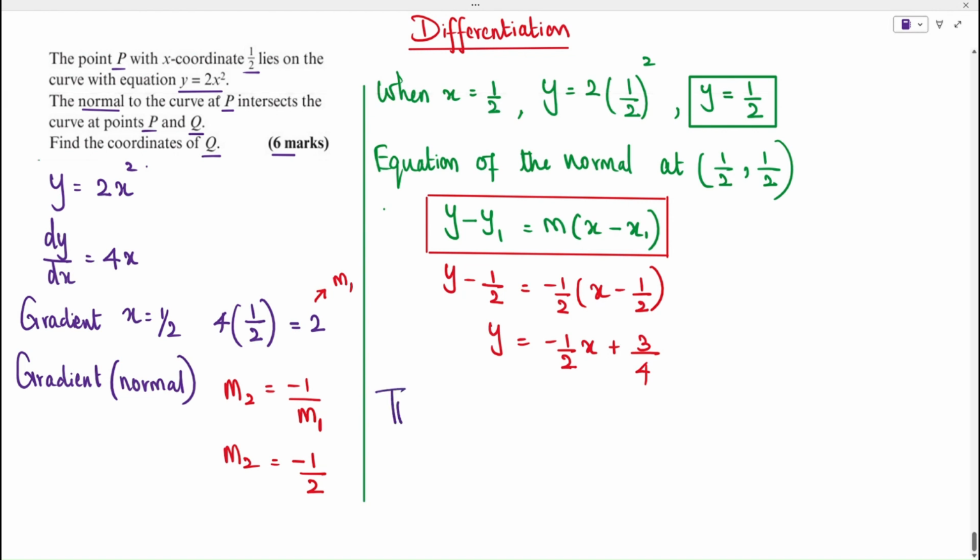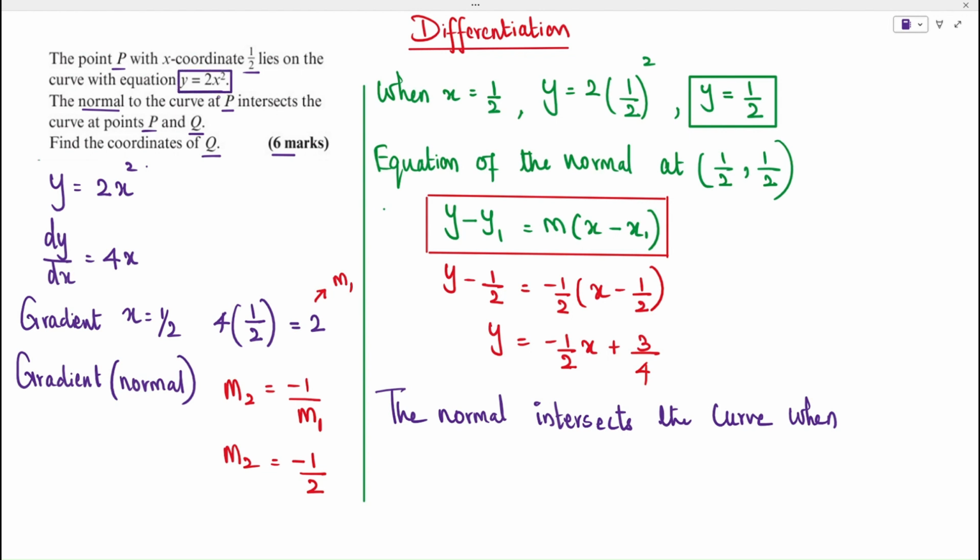And what we're going to do now is equate the equation of our normal to the equation of our curve. By doing this, we can find the points of intersection of the curve and the normal. So our equation for the curve is y equals 2x squared.